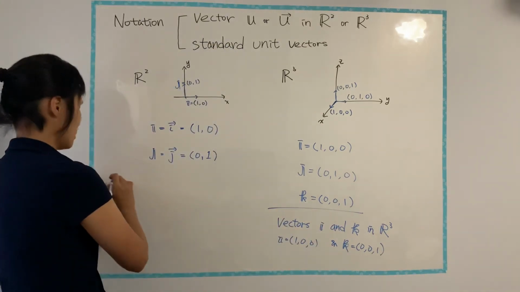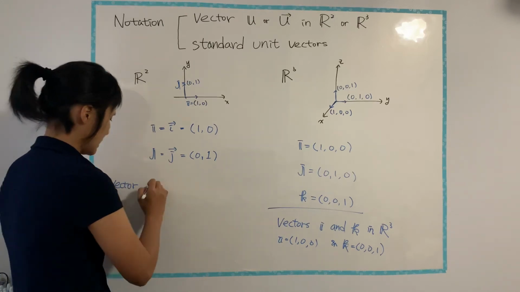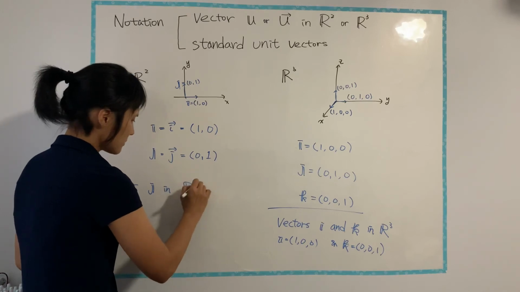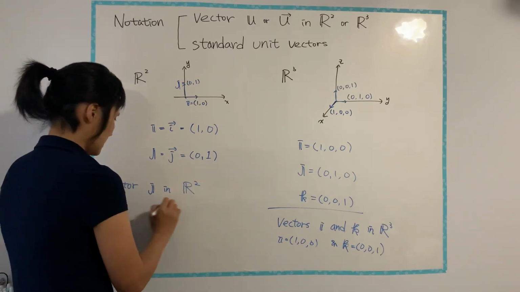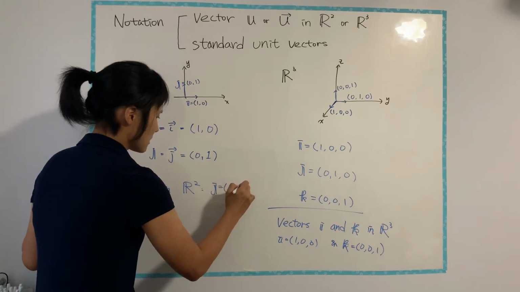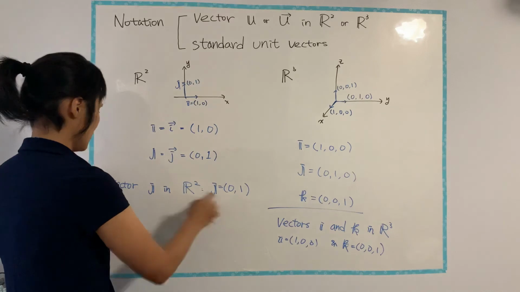So if it's in R3, then I will have 3 components. If it's in R2, let's say if I say I want to have a vector j in R2, then what is that? It'll be the unit vector in the y direction.